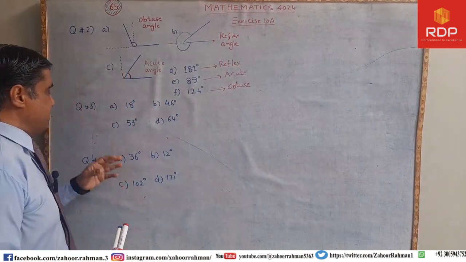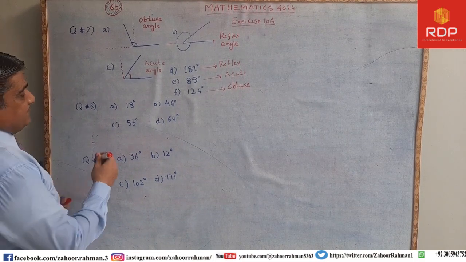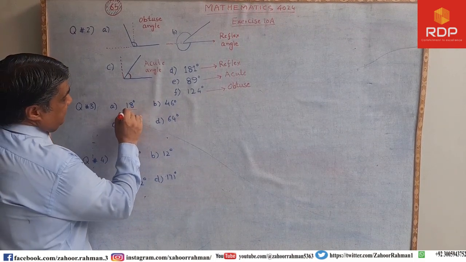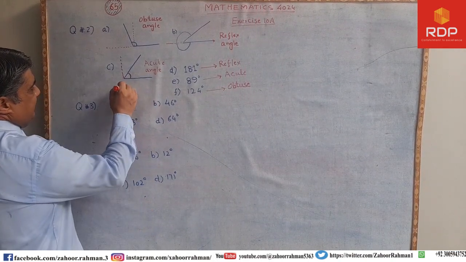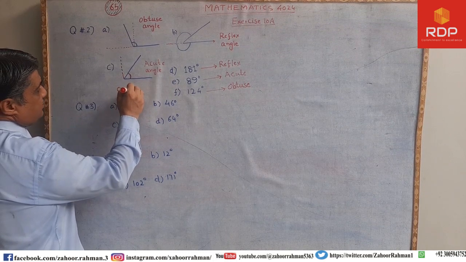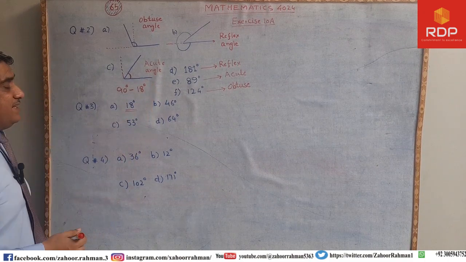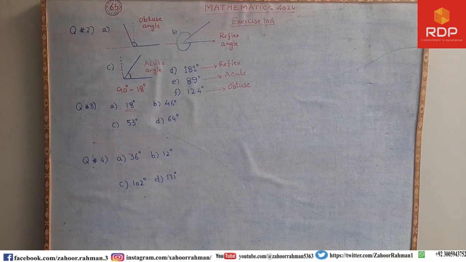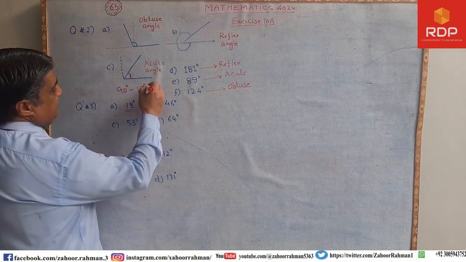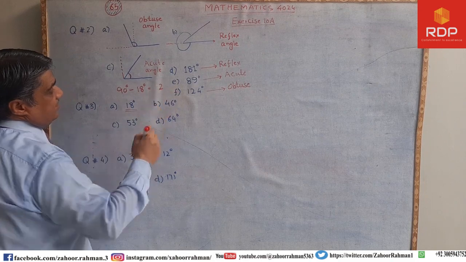So in this question they are saying find the complementary angle of 18. Ladies and gentlemen, one simple way is to subtract this 18 from 90, and whatever result comes will be the complementary angle of this.